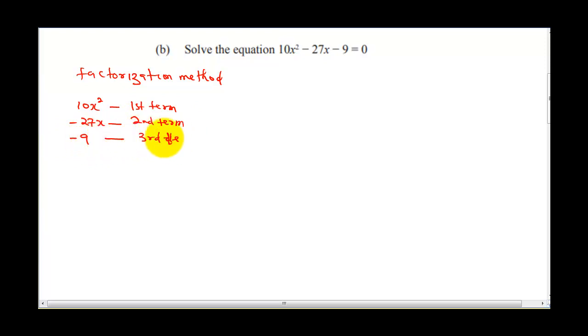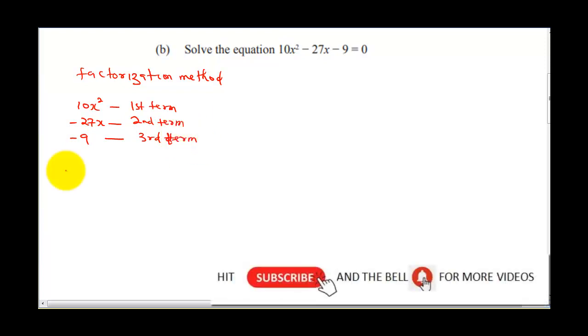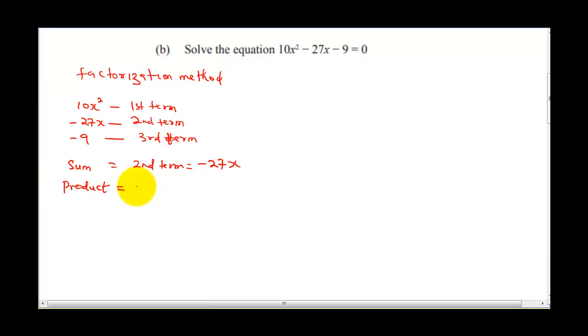When using the factorization method, you need to identify what we call the sum and the product. Your sum is your second term, which is minus 27x. Your product is your first term multiplied by your third term.